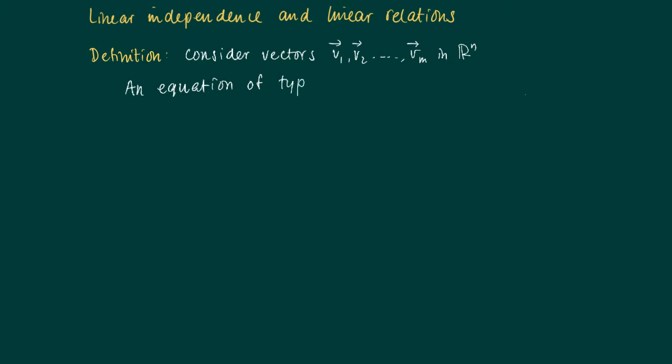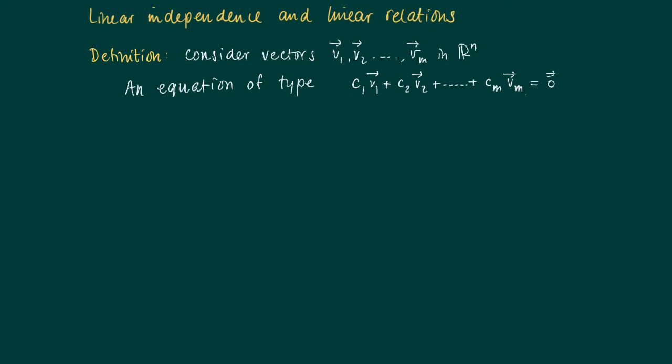We write down, for a given set of vectors v1 to vm, c1 v1 plus c2 v2, etc. plus cm vm equal to the zero vector.